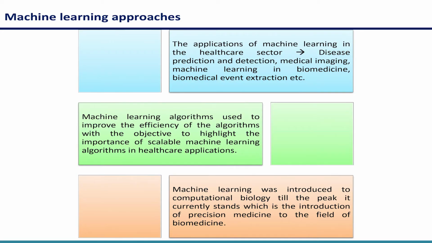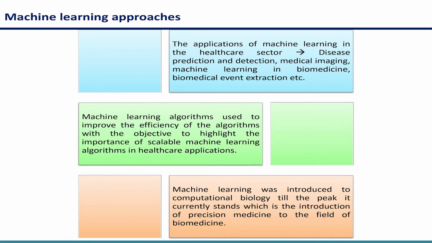There are machine learning approaches and algorithms applied in healthcare for decision making, used in various aspects such as disease prediction, detection, medical imaging, biomedicine, and biomedical event extraction, and so on.